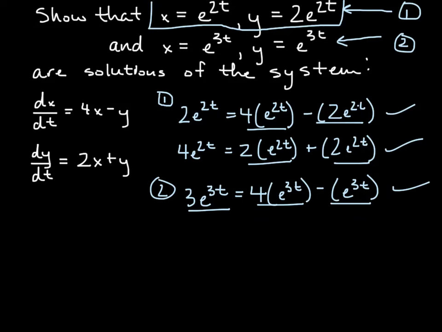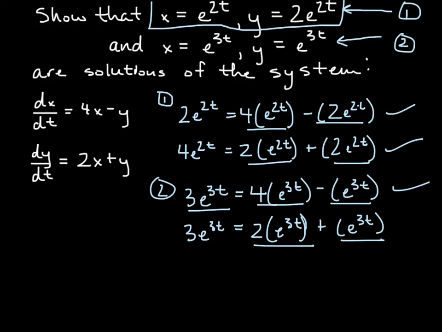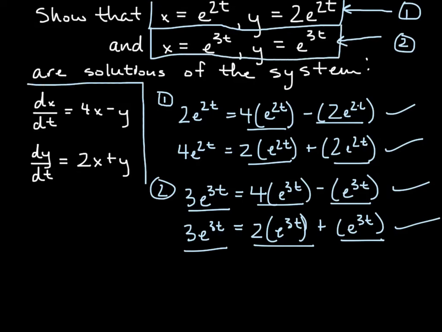So dy/dt would also be 3e^(3t) with our second option, equal to 2x, so 2 times e^(3t), plus y, and y is just e^(3t), so you can see again 2 of these plus 1 of those is going to equal 3 of those, so that checks out as well. So these are both solutions for the system of differential equations we have over here.